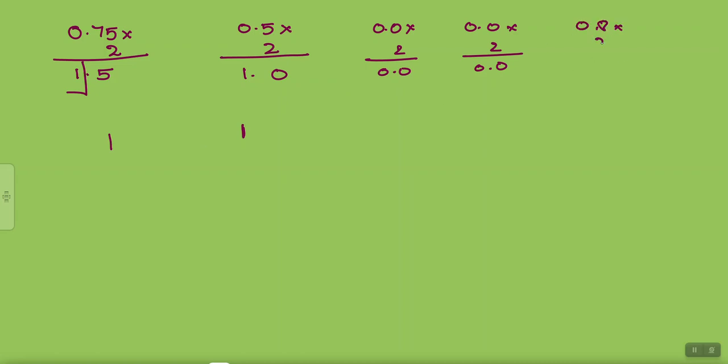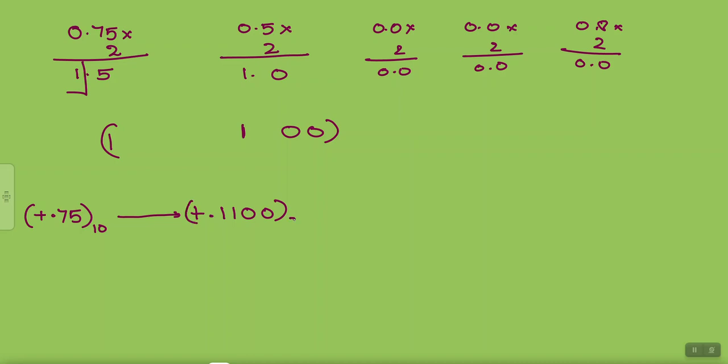So 1100 is the binary version of 0.75, that is 0.1100 to the base 2, which means that 0.75 is converted to binary.